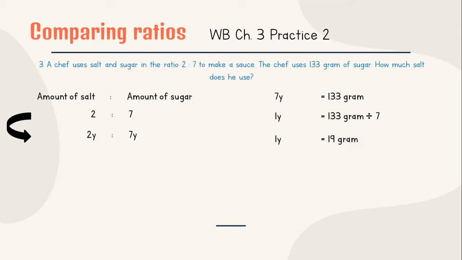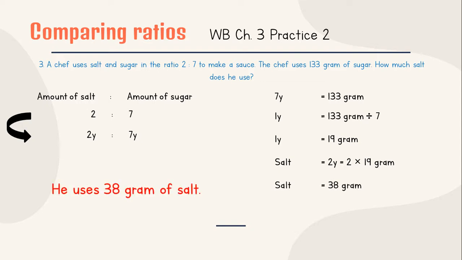So we know that 1 unit or 1y there is 19 grams. Can we find out how much salt does he use? Of course. And look at there, the ratio of salt will be 2 times 19 equals 38. So the chef used 38 grams of salt.